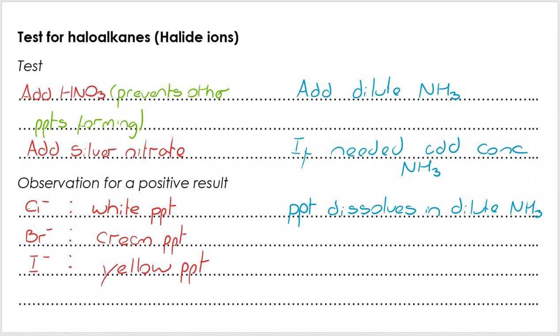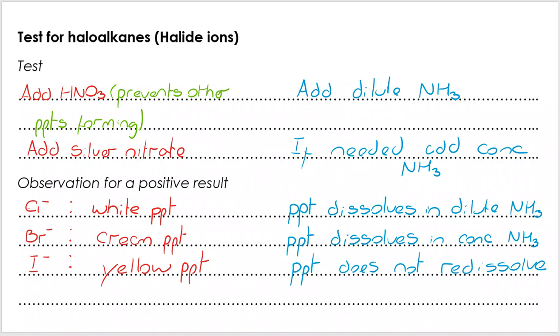So we can go ahead and add concentrated ammonia. If we add concentrated ammonia, the cream precipitate due to bromide ions will redissolve. But the iodide ions, the precipitate formed does not redissolve. So we've got a really good, clear 2-step process there to conclusively determine whether we have chloride, bromide, or iodide present.